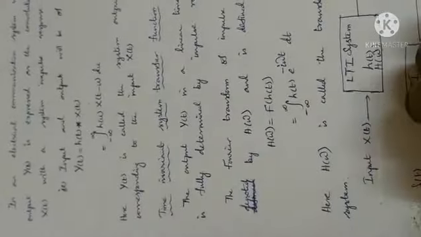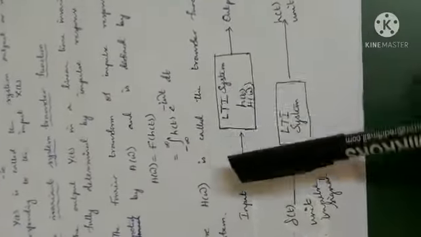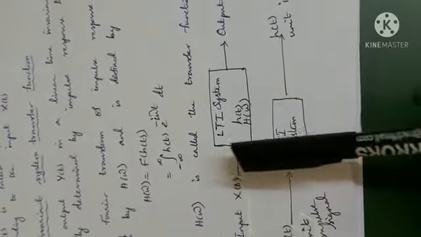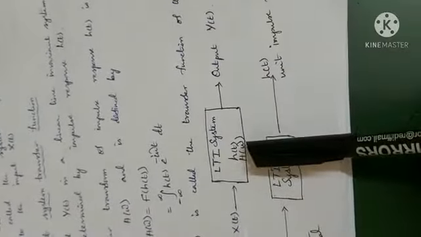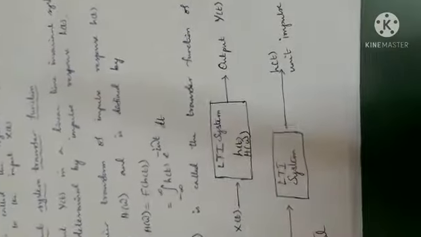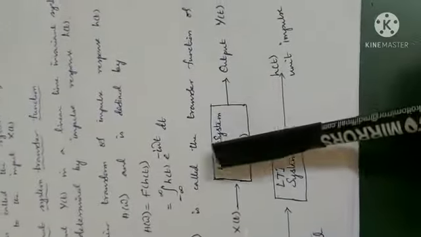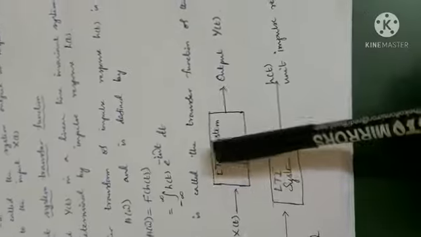Next you see time invariant system transfer function. Go through this diagram. We give input x of t and we get output y of t because of the transfer function h of omega. The system considered is an LTI system, linear time invariant system.